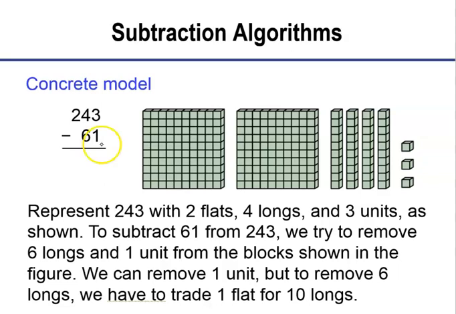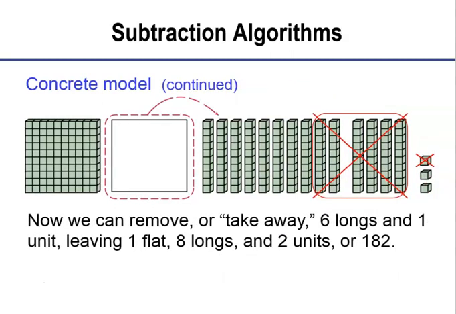So we could subtract the 1. We could remove this 1 right here, right? But we don't have 6 longs to remove. We have 4 longs. So what we want to do is split up this flat into 10 longs so we could subtract the 60. So what are we going to do?